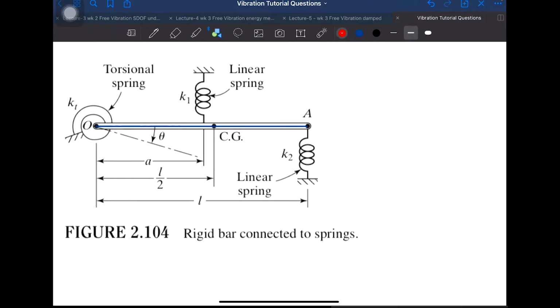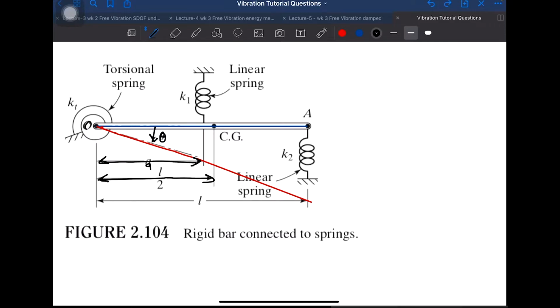The red line is the new position of the bar after it rotates clockwise. This is the clockwise rotation here. And this is your A. This is the radius, because O is the pivot point, right?